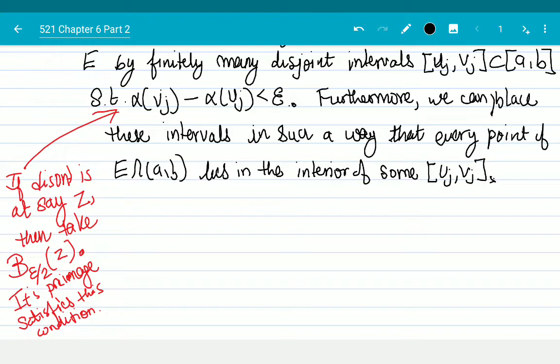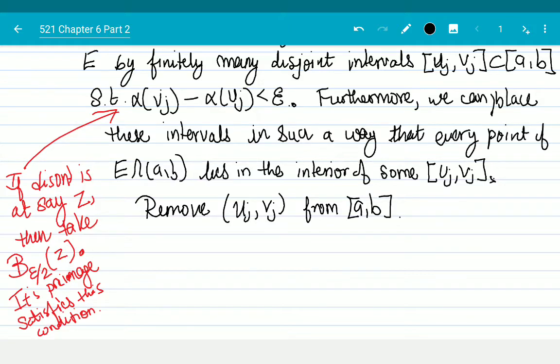Now, here's what you do. Remove the intervals Uj, Vj from AB. I have removed finitely many intervals, okay? Each of which is open, so its complement is closed. It's closed and bounded, so it's compact. So the remaining set K is compact.